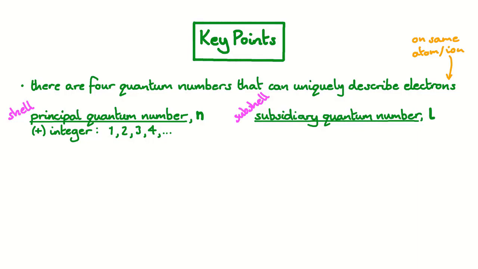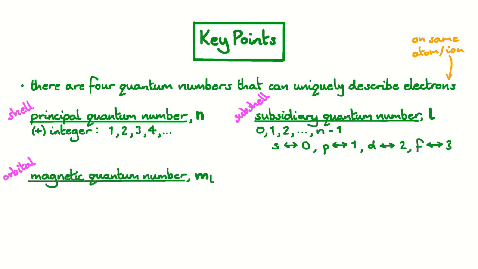Next is the subsidiary quantum number, also known as the orbital angular momentum quantum number, which uniquely identifies the subshell. l can take a value of 0, 1, 2, up until n-1. s subshells match up with a value of l of 0, p 1, d 2, and f 3.